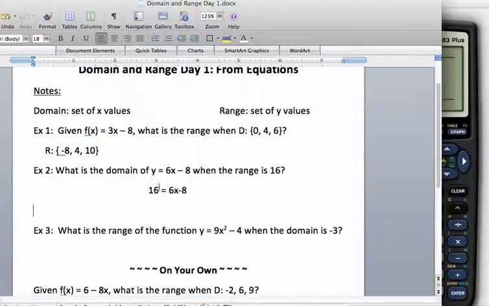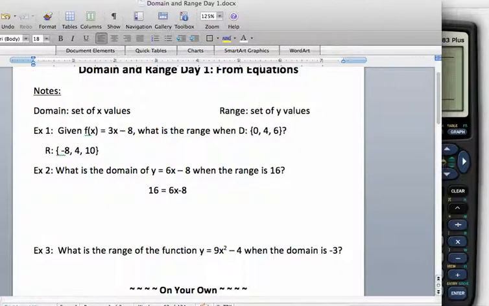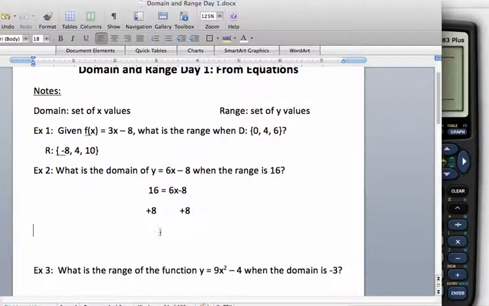Okay? And then we'd solve it like any other function. So like I draw my line here, we're going to get rid of the 8. So the opposite of subtracting 8 is adding 8. So I'm going to add 8 on both sides. The 8s would cross off.